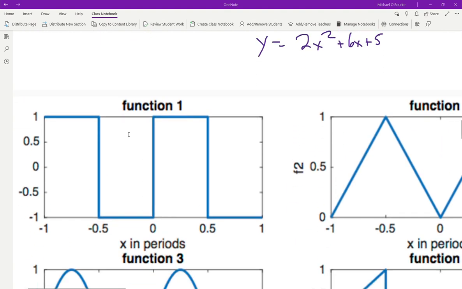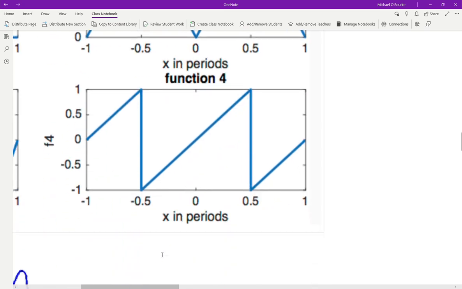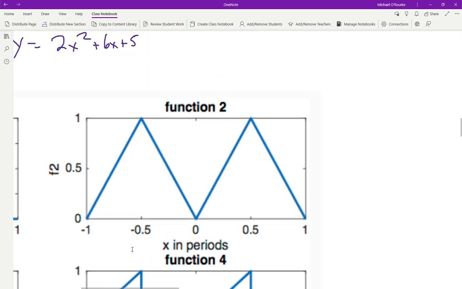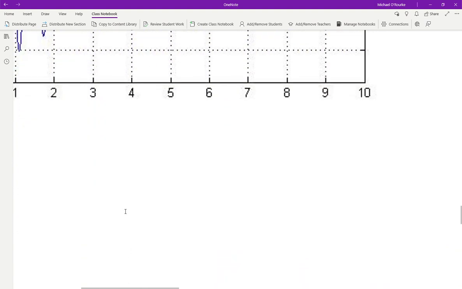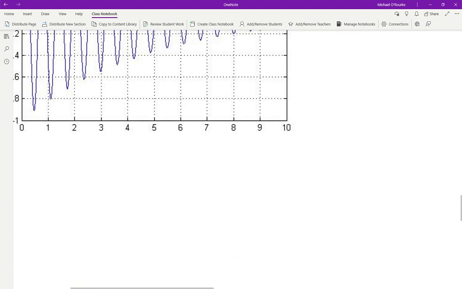So we can take a look here. These are all max and mins of 1. That's another one. That's a non-periodic function. Okay, let me grab a chart. One that's a little different, not just a normal one.